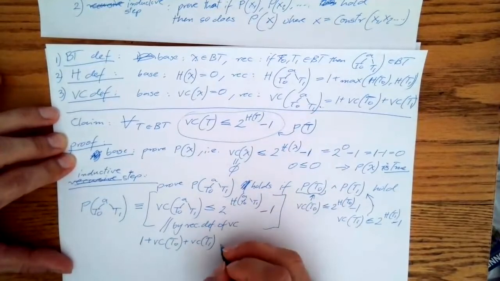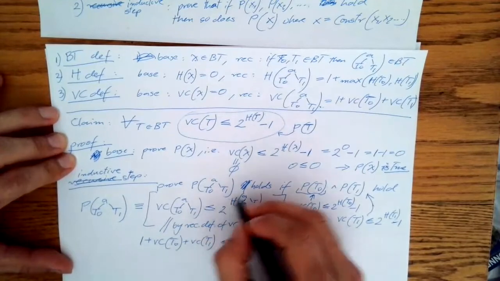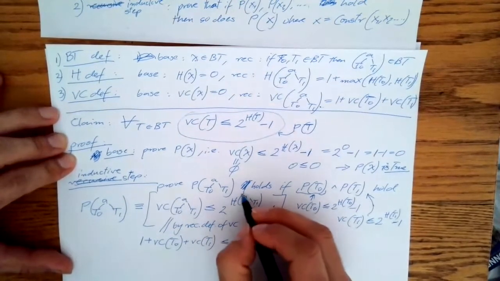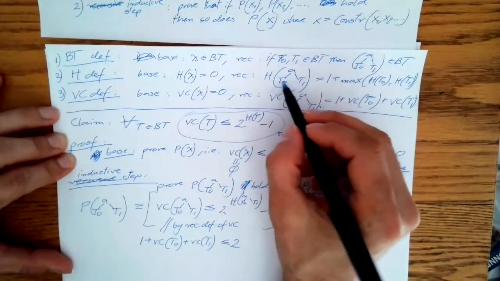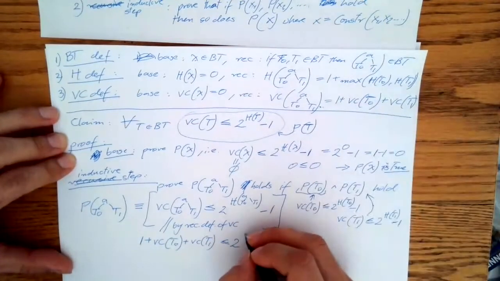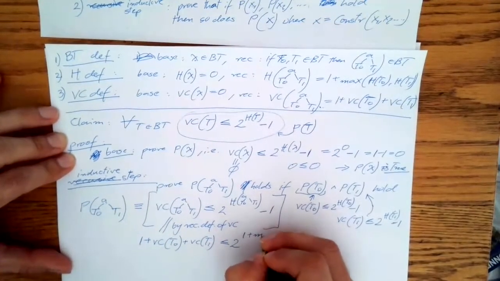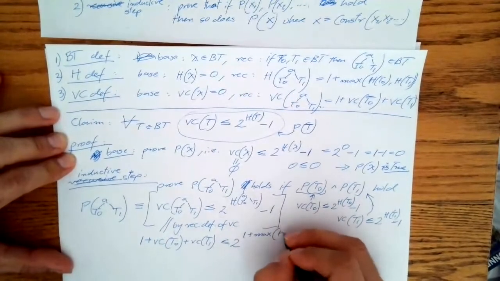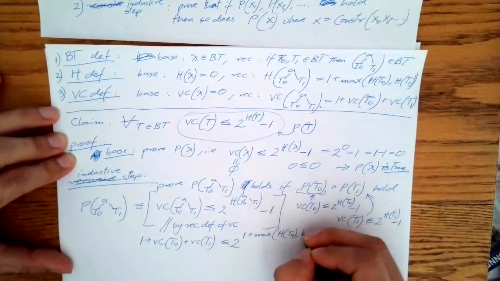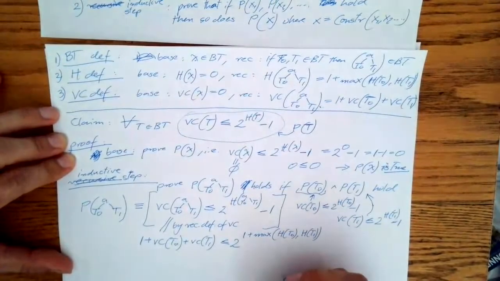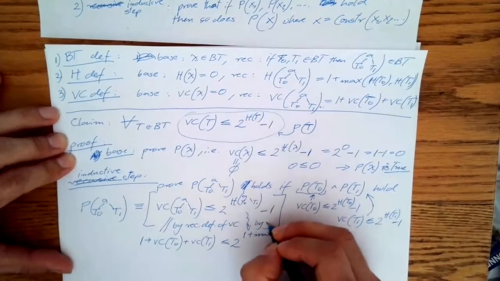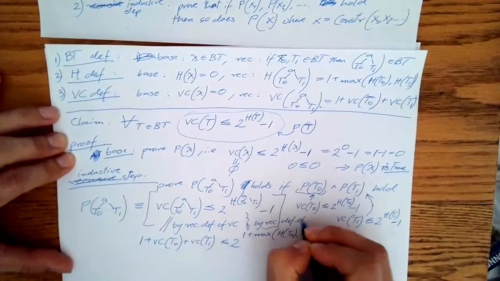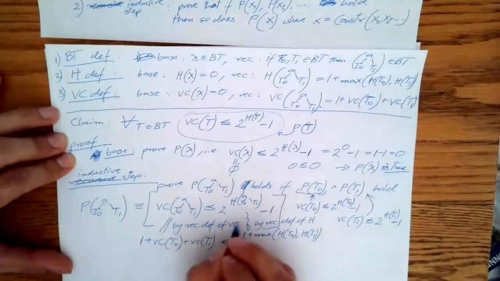And I have to argue that this is at most 2 to the height of this thing. Well, I look up the height defined here, and it is this. So I replace it by 1 plus the max of h of T0 and h of T1. And this I can do by the recursive definition of the height function, right?